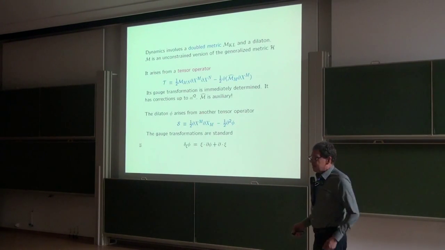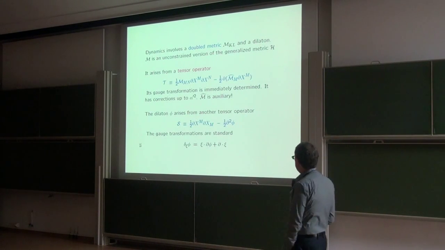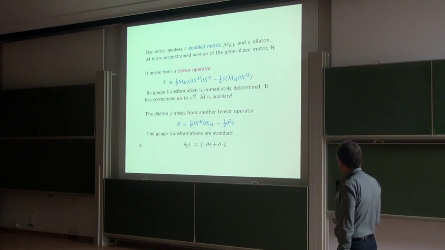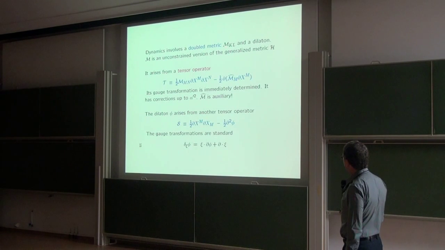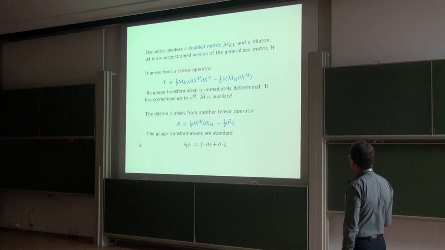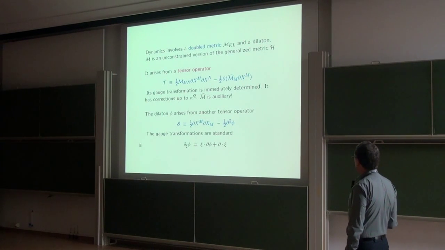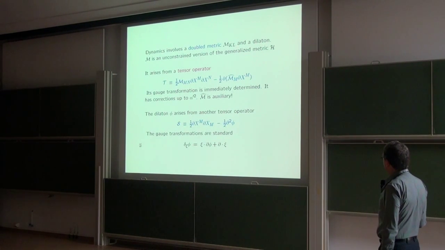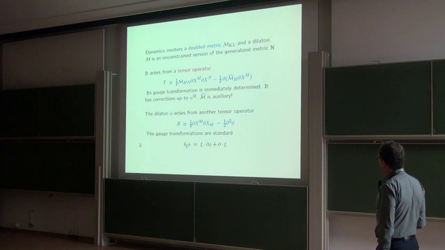So the dynamics involves a double metric, as we will see. You could begin by thinking, oh, that's the generalized metric, but the equation of motion will not be the same as the generalized metric. So how does this operator begin? Well, it arises from a tensor operator.